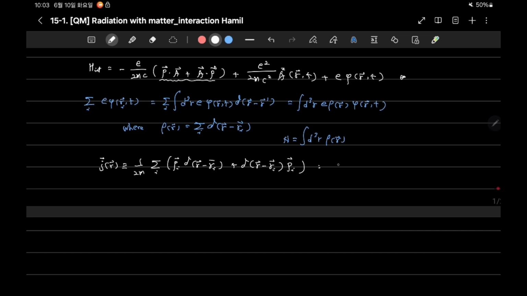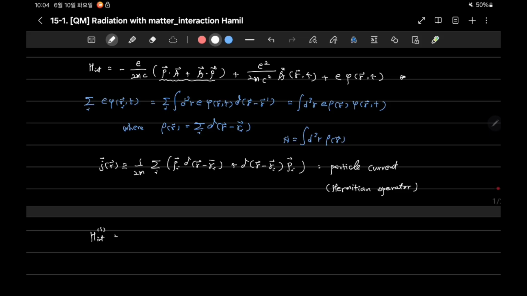We call it a particle current. Basically, it is a Hamiltonian operator.